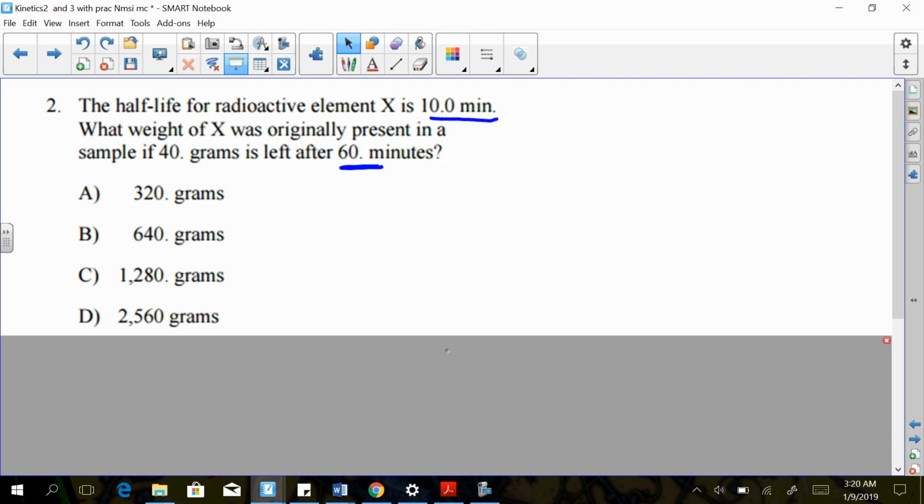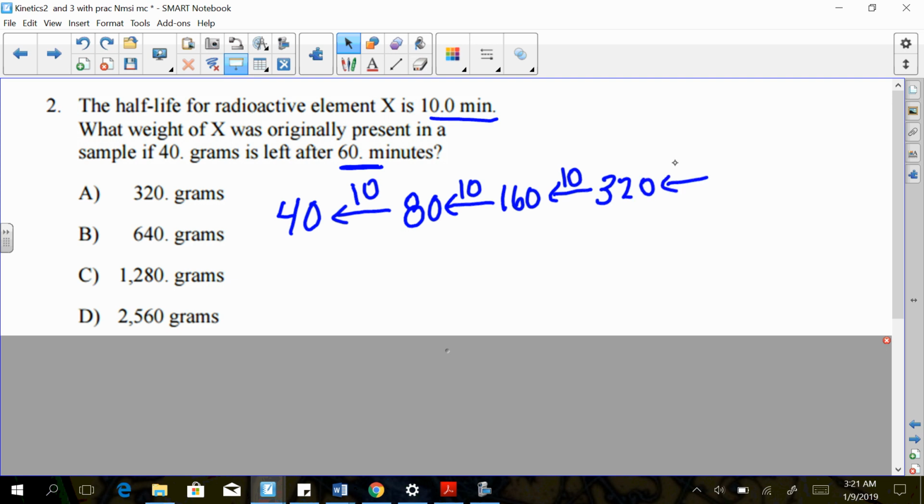So if we work backwards, this is what we ended up with at the end. 10 minutes before, we had 80. 10 minutes before that, we had 160. 10 minutes before that, we had double that, or 320.